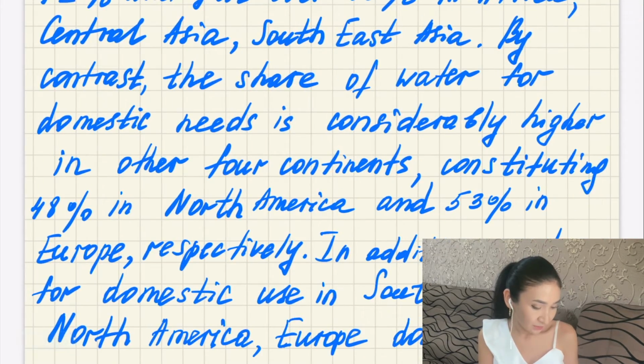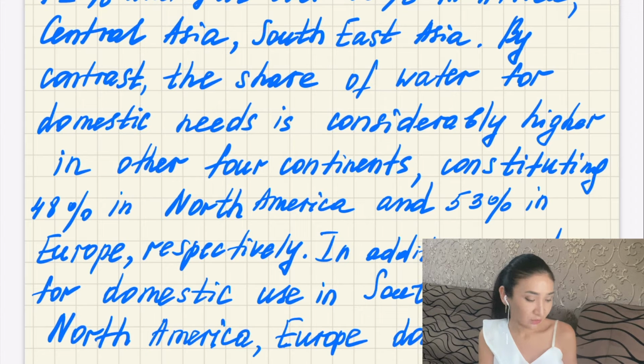And here further, in order to make a contrast and a comparison with these agricultural uses, I use "by contrast." The share of water for domestic needs is considerably higher in other 4 continents, constituting 48 in North America and 53 in Europe, respectively.